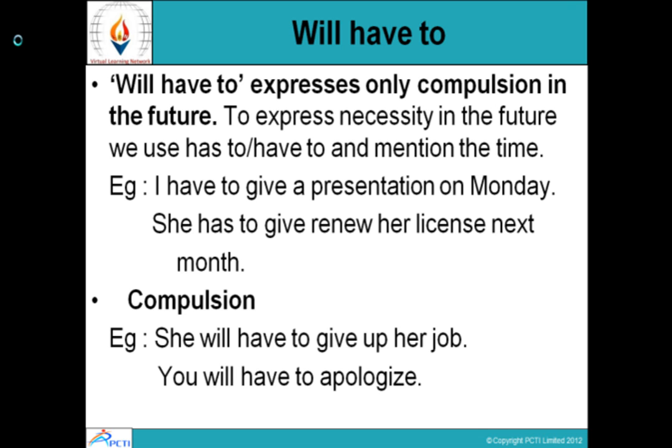You will have to apologize, which indicates there is a compulsion on you to apologize, and you will do this in future. You have not yet done it. But you will have to apologize at some stage to put things in order. So, will have to indicates only compulsion in the future.